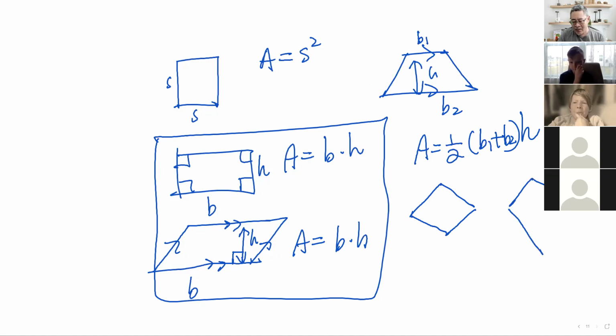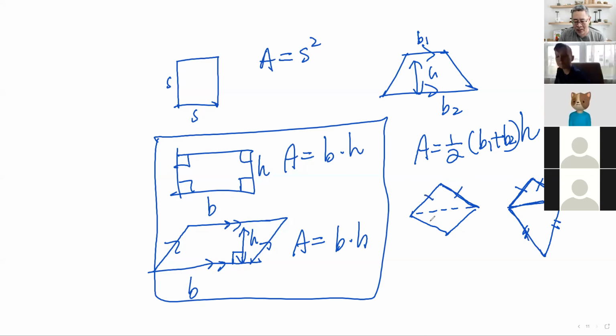But to do that, we have to know the area of triangles, because this kite is made of two triangles, this triangle and this triangle, two isosceles triangles. And for the rhombus, it's the same. If you cut this in the middle, it's made of two isosceles triangles. So if we know how to do triangles, we can do those two.